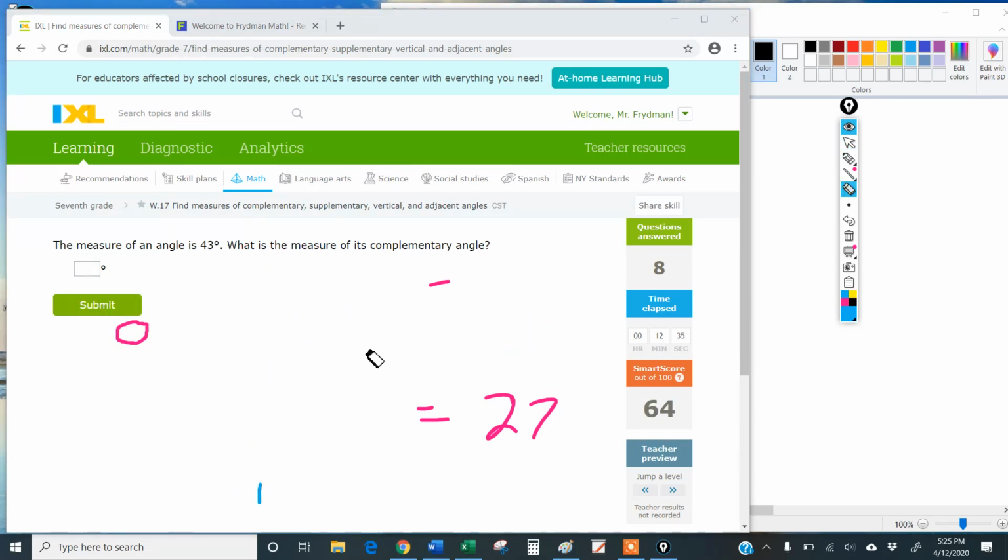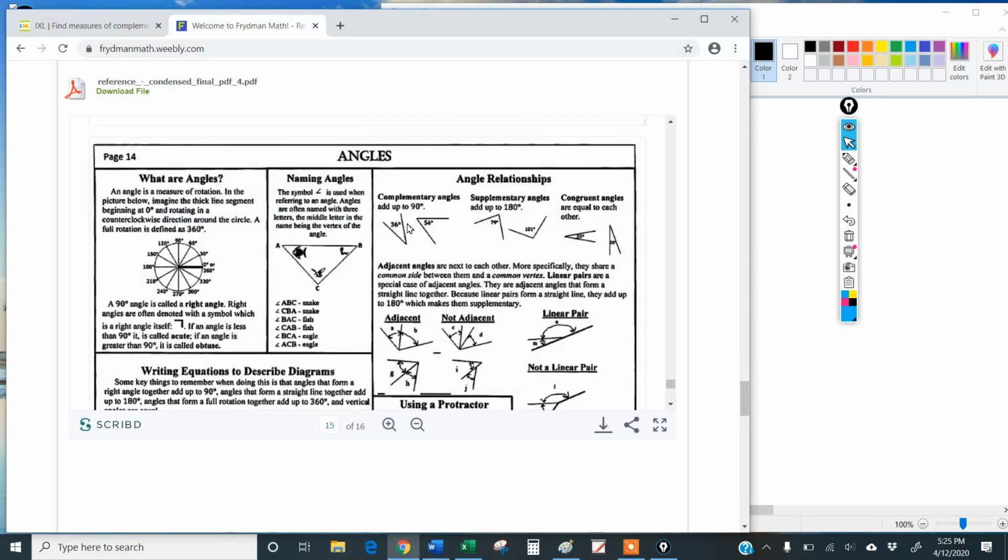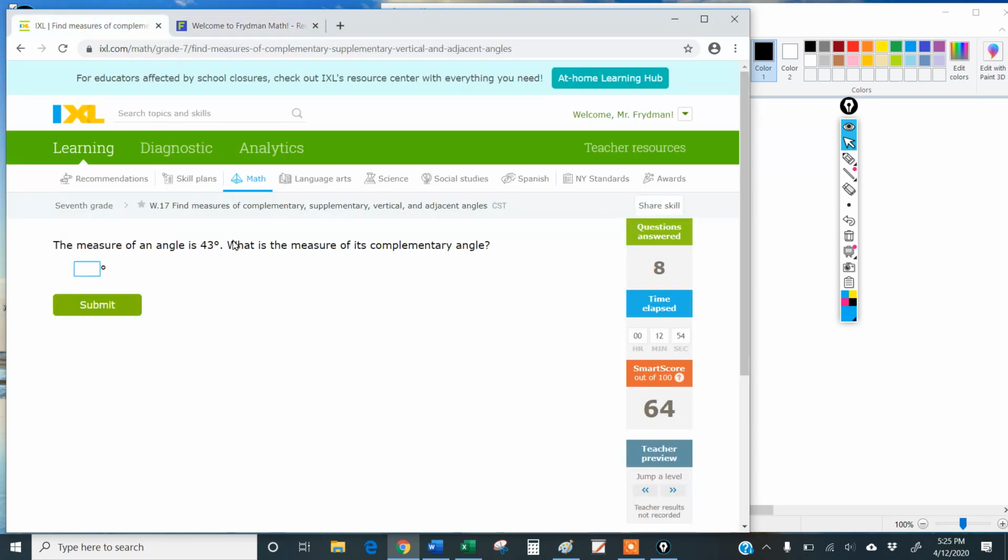All right, the measure of an angle is 43 degrees. What is the measure of its complementary angle? Just to remind you what complementary means, complementary angles add up to 90 degrees. So this question is saying 43 plus what number equals 90 degrees?